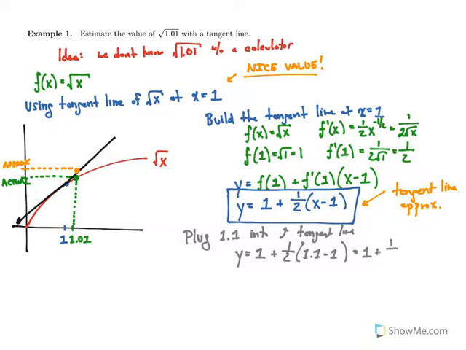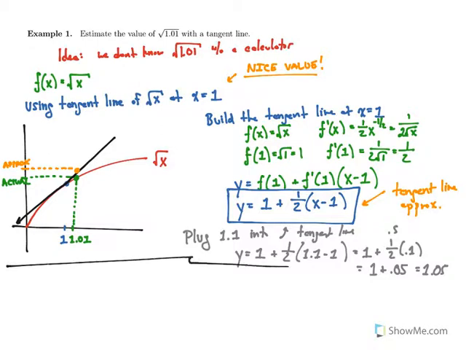This is 1 plus 1/2 times 0.1. That's going to be 1 plus, this is the same as 0.5 times 0.1 is going to be 0.05. So this is 1.05.